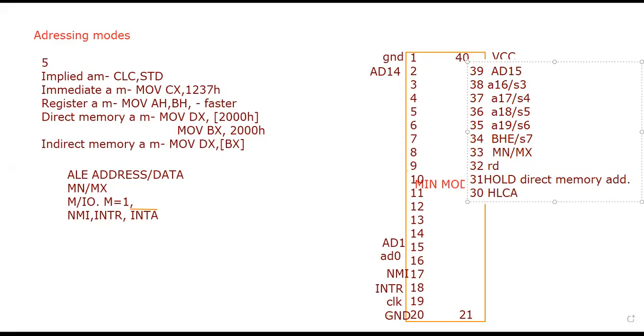Hold means you are requesting to use that bus, and if you want to use it, we have to first send the request. If the acknowledgement is granted, then we can hold that particular address.